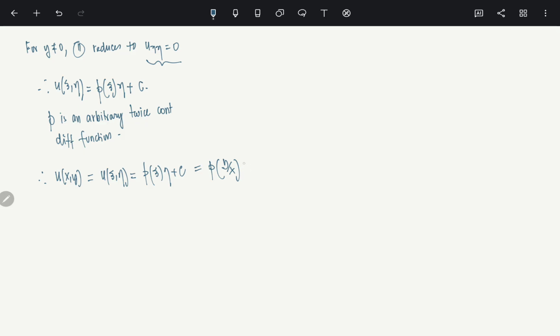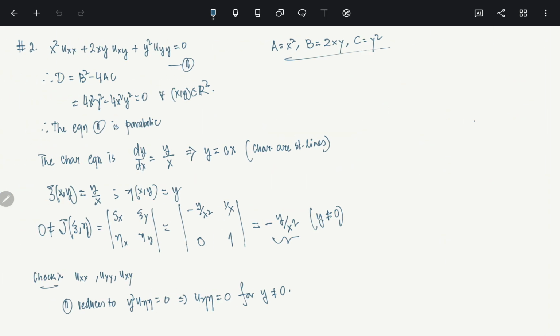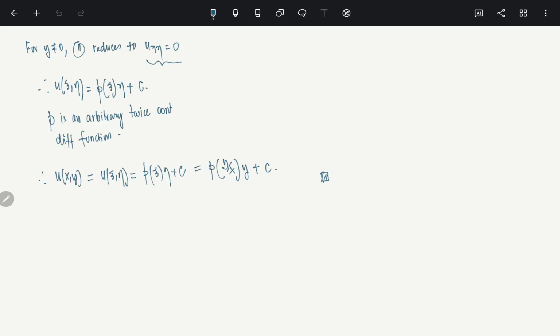What is η? η is nothing but y plus a constant c. So that's your solution, where p is twice continuously differentiable. So you do realize that the original equation 2 is a much more complicated problem, but this equation turns out to be much easier. Yes. Okay, so the last problem which we want to talk about is the elliptic counterpart of it.